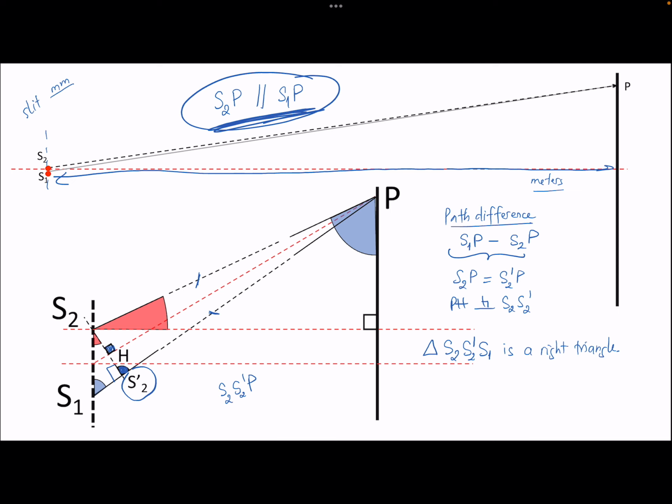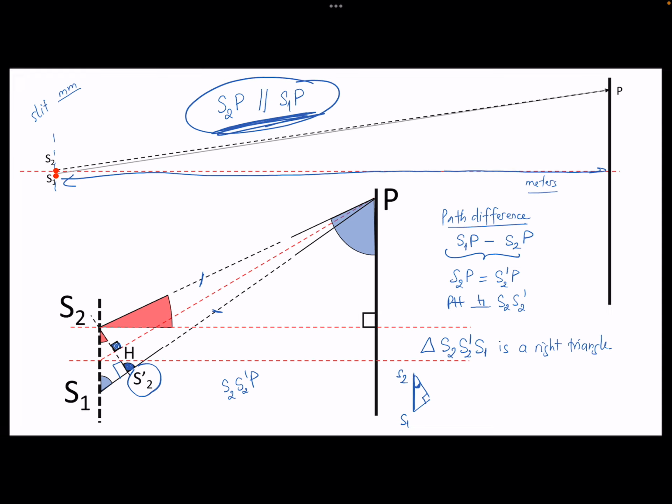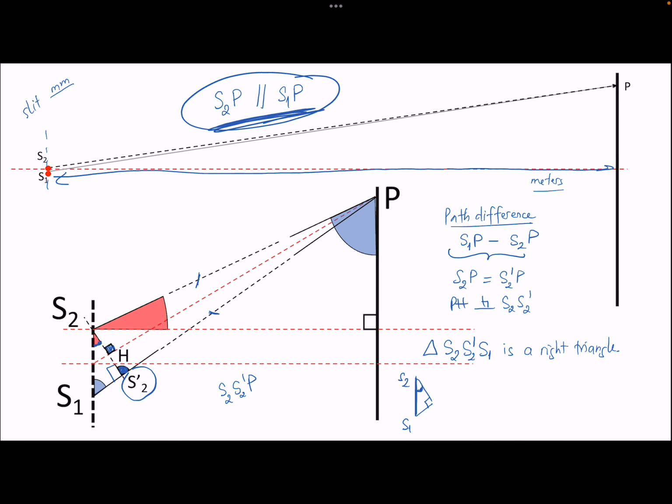So if we consider this as a right triangle, let me draw it here again. Then you can see that S1S2 turns out to be the hypotenuse. And can you see this red angle here? Again, because these two lines S2P and S1P are almost parallel to each other, this angle is equal to this angle, and actually this is the angle theta.